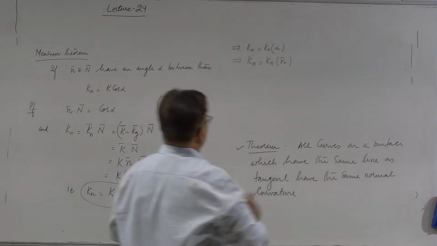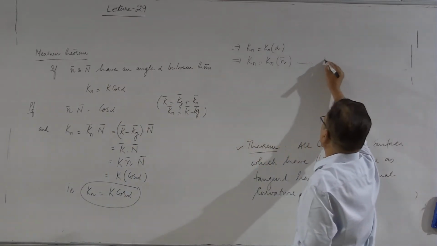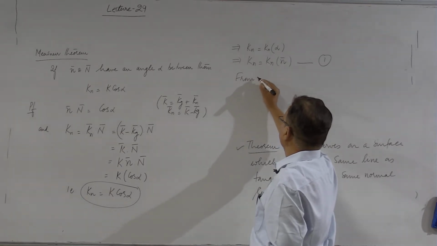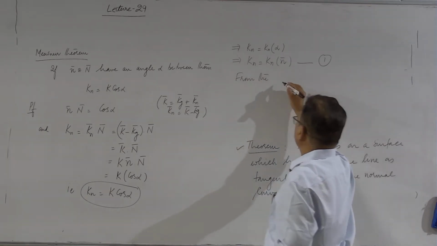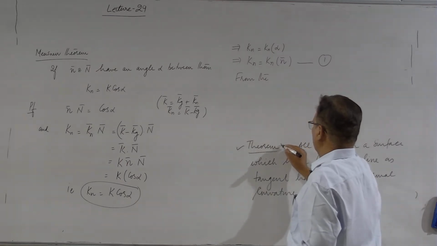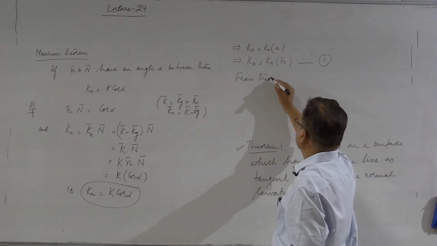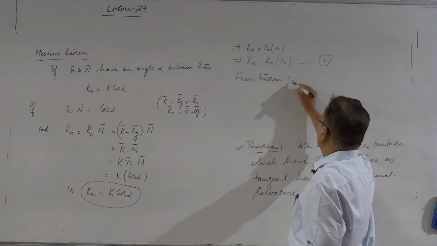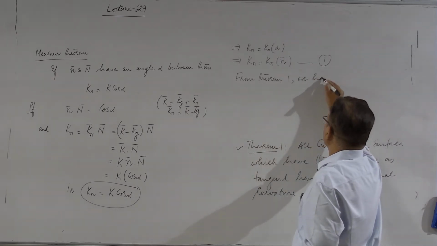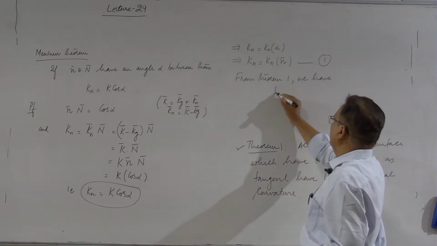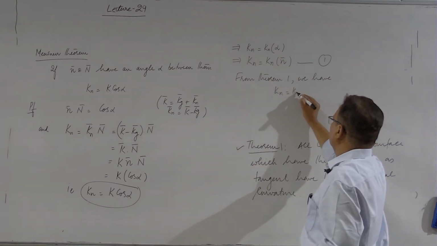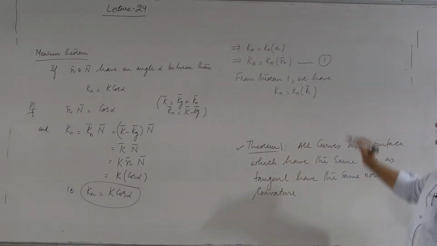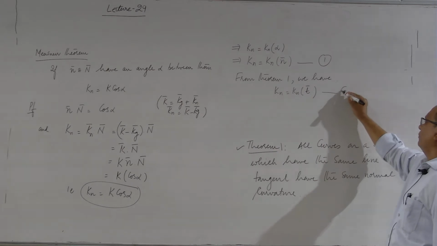From the last theorem, this is observation number 1. From theorem 1, we have that Kn depends on T. This is observation number 2.